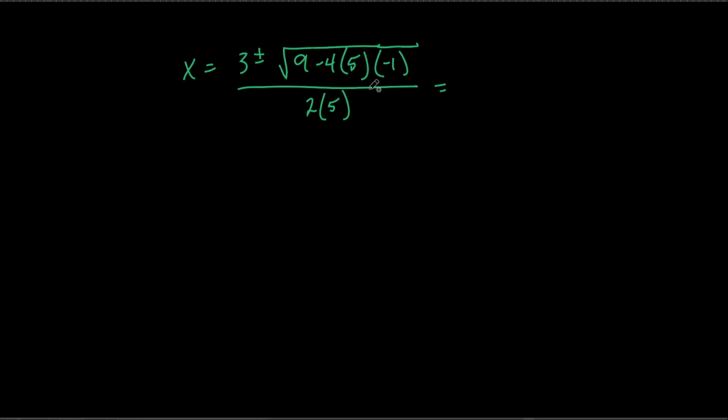Let's keep going. 3 plus or minus the square root. So what do we got in here? That's a 20, right? Positive 20. So 9 plus 20. What's 9 plus 20? 29. Am I right on that? Over 10. Does anything simplify? Can I simplify the square root of 29?